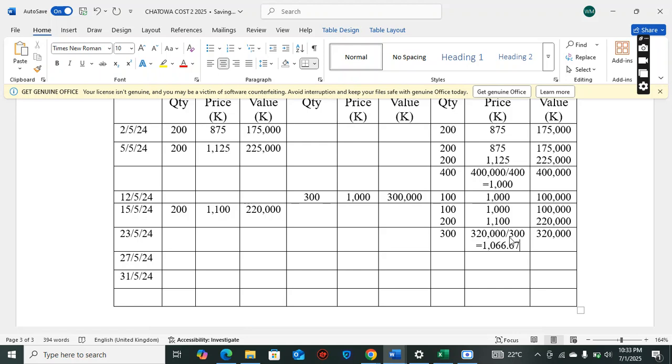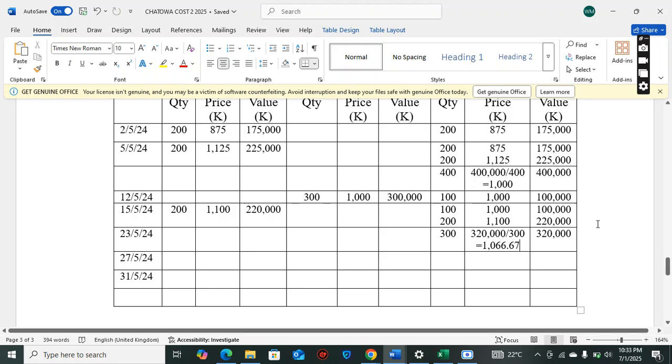If you round off to two decimal places, as I said, always round off to two decimal places. You don't want to have a lot of decimal places in your tabulations.